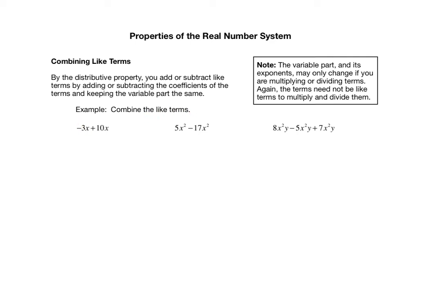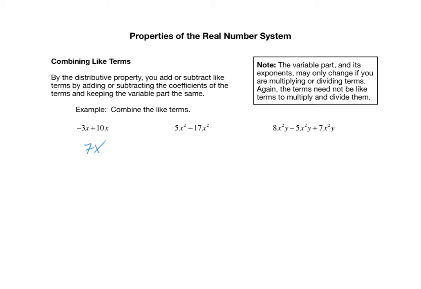We've got negative 3x plus 10x. These are like terms because the variable factor of this term is x, and the variable factor of this term is also just x. So negative 3x plus 10x, you, in this case, add the coefficients, negative 3 plus 10, which gives us 7. And then the variable part stays exactly the same. So it's simply just 7x.